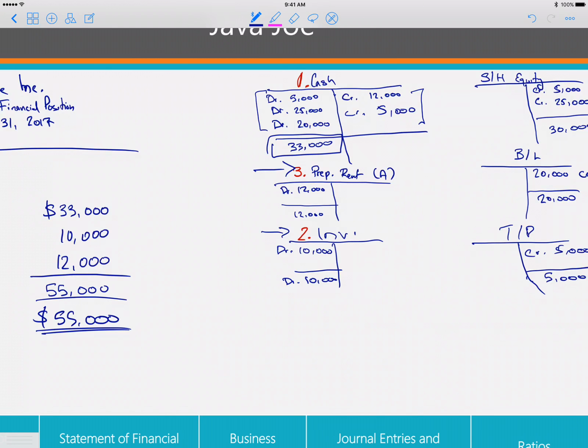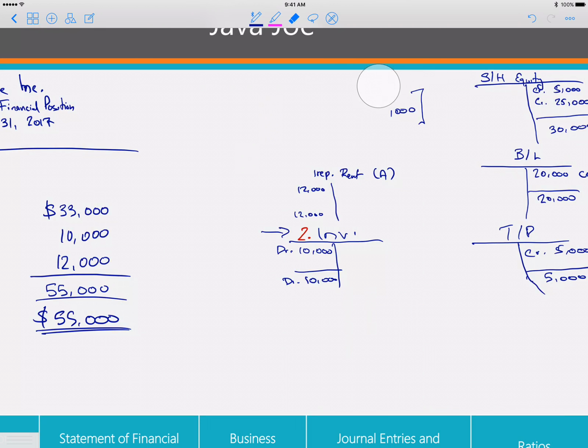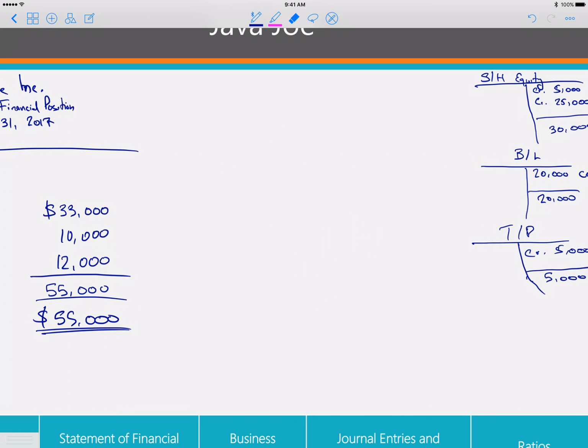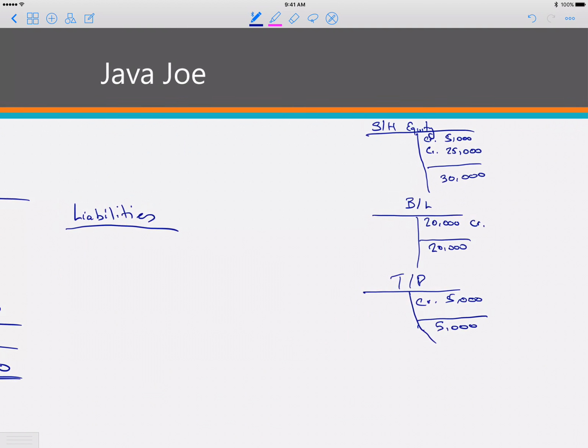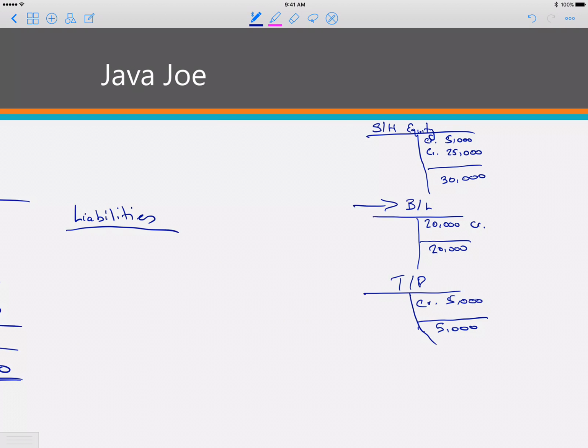We can now clear out these T accounts over here to make room for the rest of our balance sheet. So we will begin with our liabilities. What does the company owe? So let's take a look. We have a bank loan, right? That is a liability. And we have a trades payable. So let's talk about which of these is the most liquid and which is current and non-current.